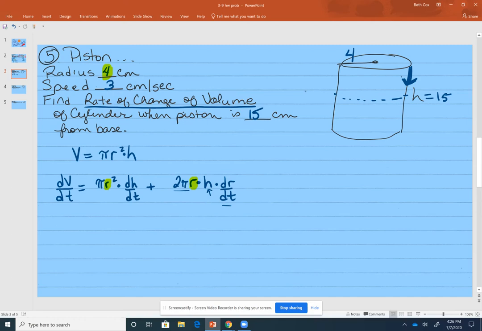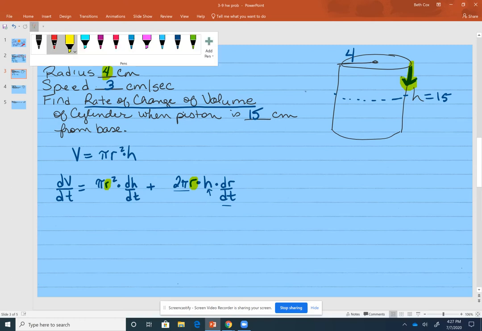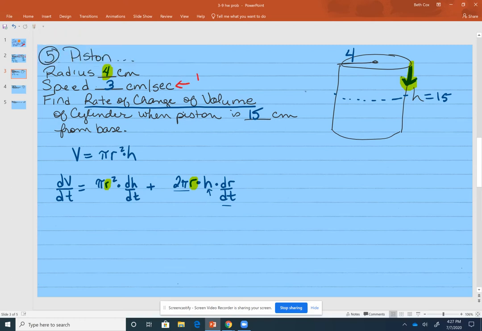The piston is at the top and it's pushing down. And so that's what this is right here. And that is technically a change in height. So that is our dH dt.